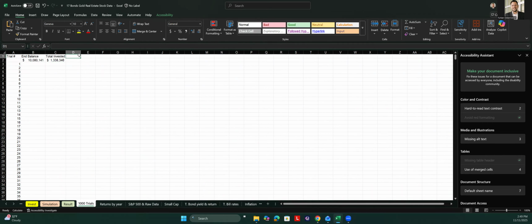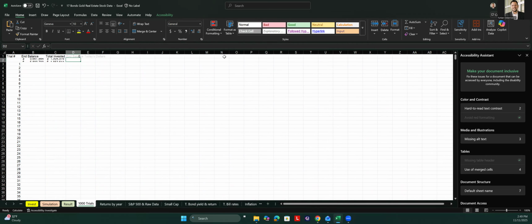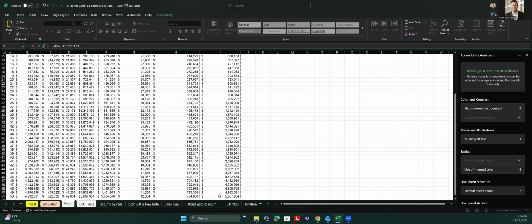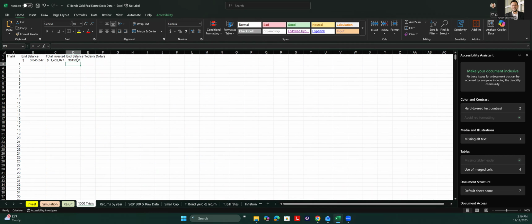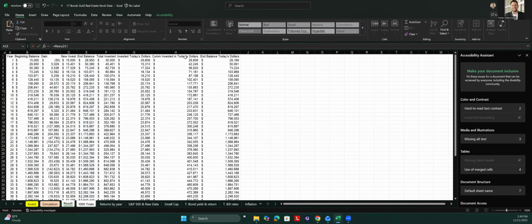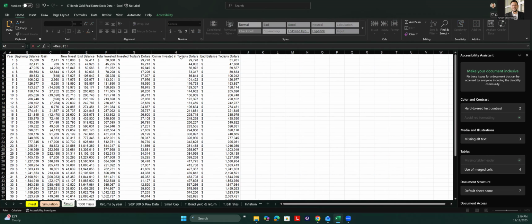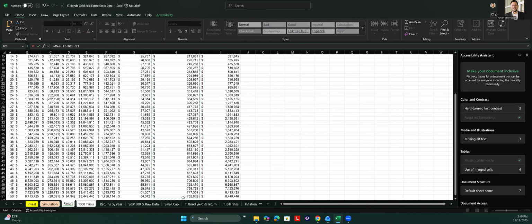Now let's take a look at the end balance in today's dollars. That one is the end of year 50 right here. As well, we should take a look at the investments in today's dollars, which is right here.